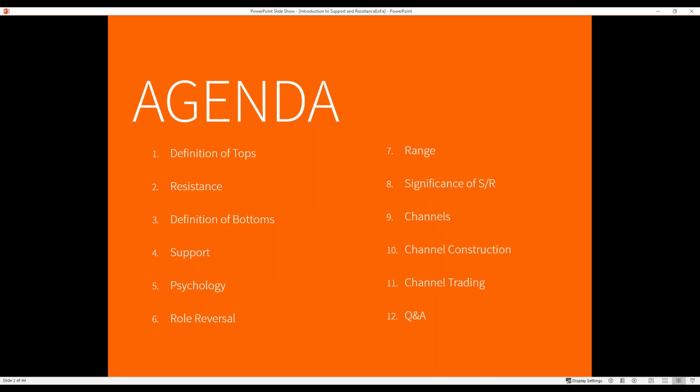And then we're going to take a moment to see how support and resistance change roles. And then we're going to take a look at the support and resistance in a range. And of course, we cannot avoid discussing the significance of support and resistance.